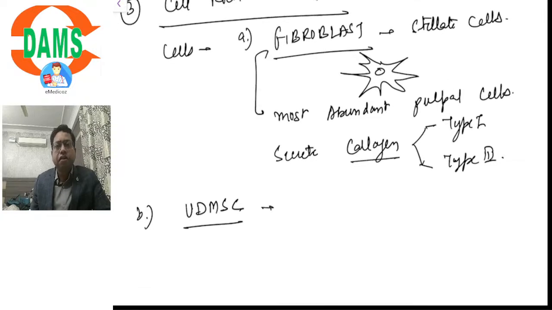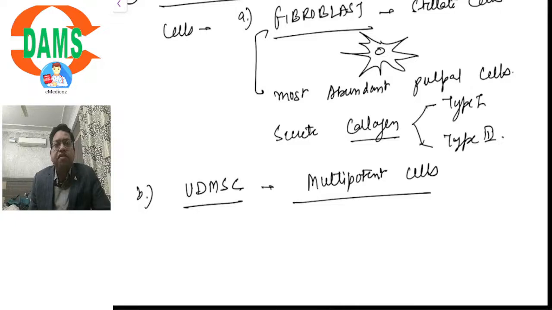UDMSC stands for undifferentiated mesenchymal stem cells. These are multipotent cells. If we talk about the potency of stem cells, the totipotent cells are the most potent cells. Means a single cell can give rise to an entire organism, including the specialized membranes like placenta, etc.